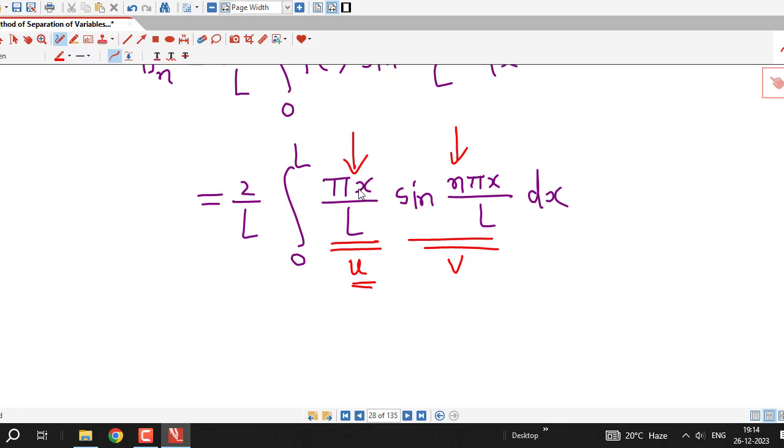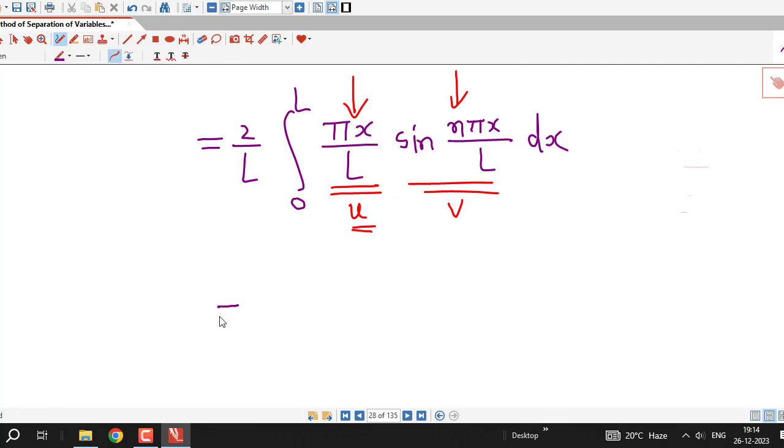But here the first derivative of u will be pi divided by L and the second derivative will be 0. So we will have a finite number of terms in the answer of the integration.